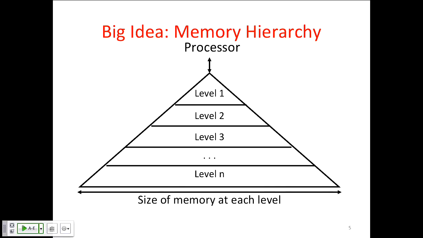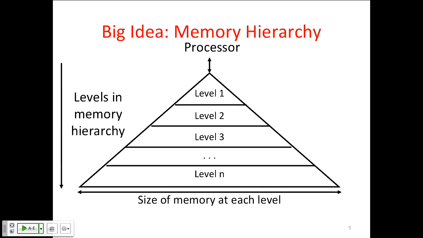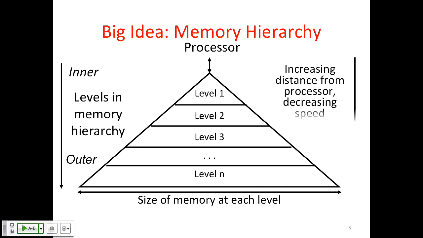And the idea here is that your big bulk memory is in the outer levels of this hierarchy, sort of at the bottom of this pyramid. But inside that, you have these smaller levels. As you get further away from the processor, you can build a bigger memory system. Just pure physics tells you that. You can travel further, you can access a bigger memory, but that's going to be slower.